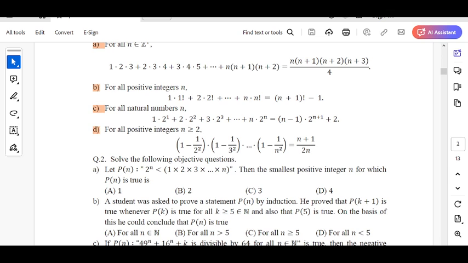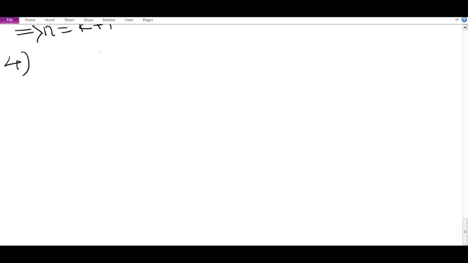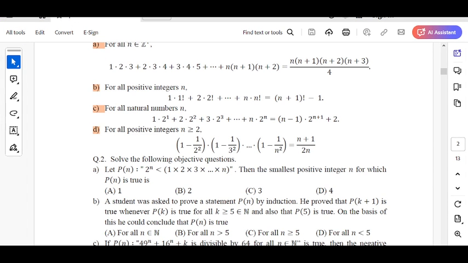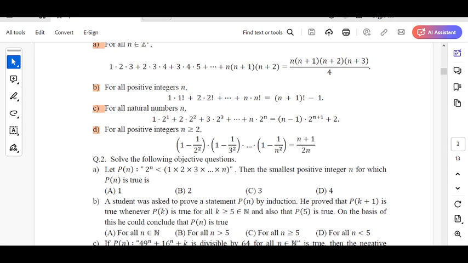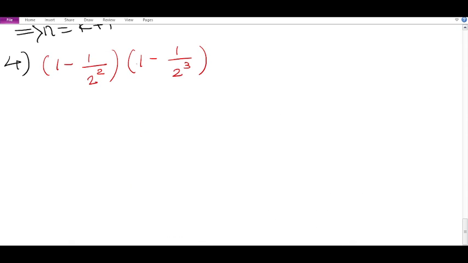The example is (1 minus 1 upon 2 raised to 2) into (1 minus 1 upon 3 raised to 2) ... (1 minus 1 upon n square).